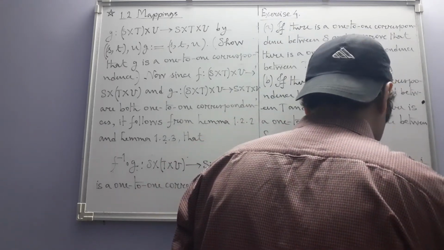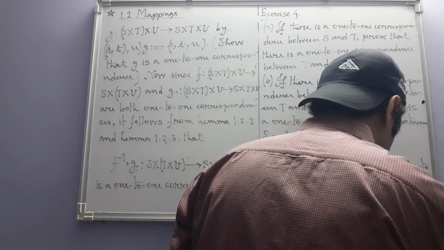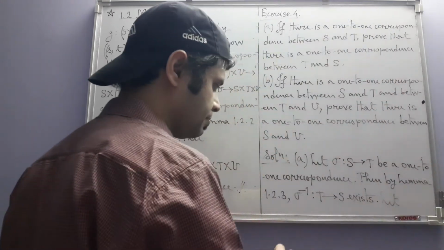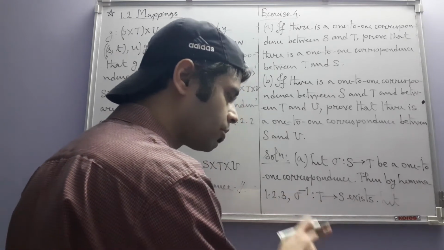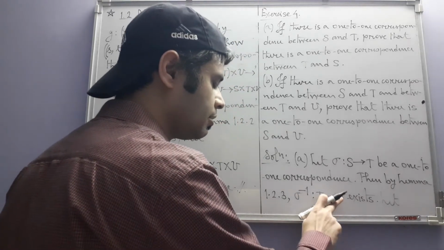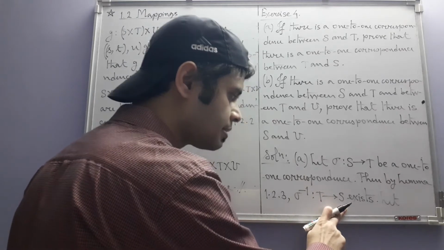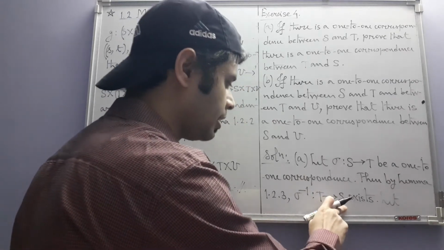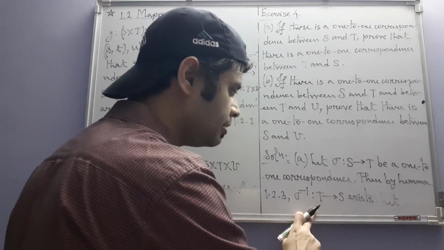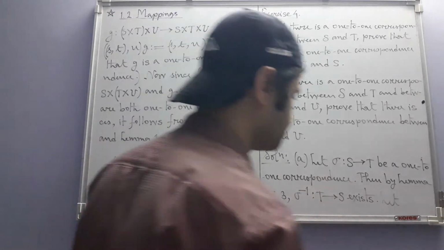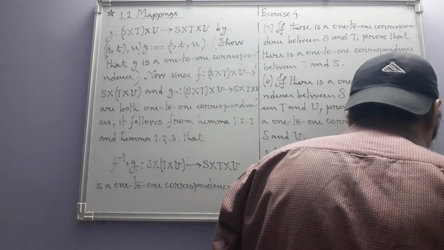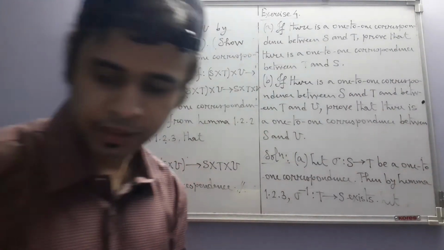Anyway, we have to prove that sigma inverse is onto. That means for every element s in S, there should be an element t in T whose sigma inverse image is s.